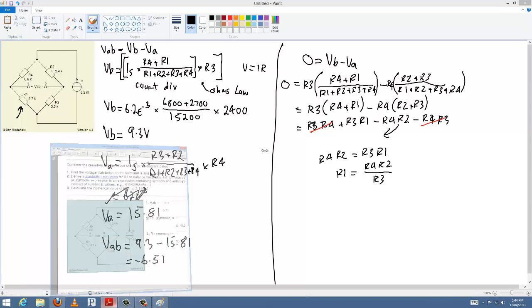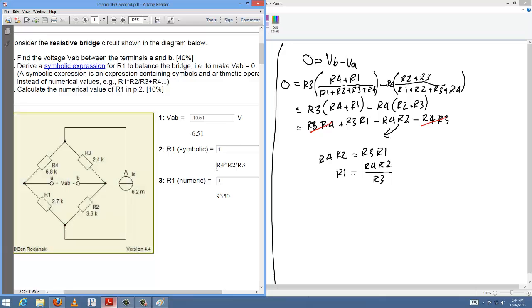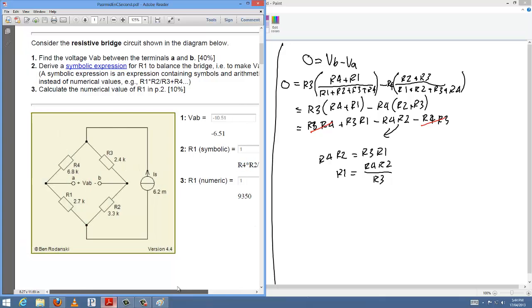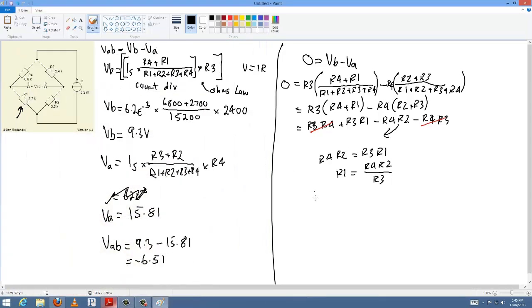And if we check the answer here, R4 times R2 on R3, that's our answer. Nice and easy. And to get R1 numerically, we sub in our values for R4, R2, and R3. So we have R1 equals 6800 times 3300 on 2400.